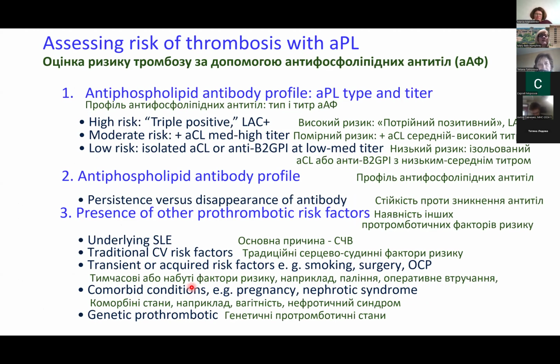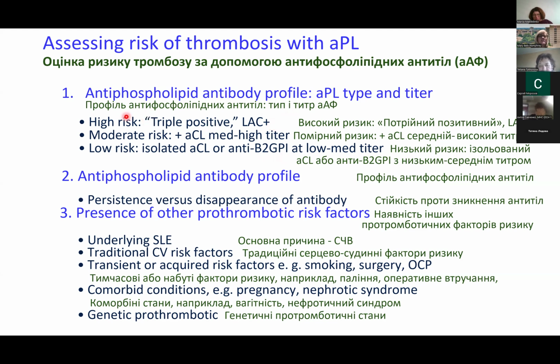When we think about what the risk is, we've already talked about certain antibodies can have a higher prediction for thrombosis versus obstetric complications or arterial complications. So what if you have a triple positive antibody? What is a triple positive antibody? This tends to be patients that have lupus anticoagulant plus either anti-cardiolipin antibodies or beta-2-glycoprotein antibodies, any of those ones that we just saw on the last slide or 2 slides ago.